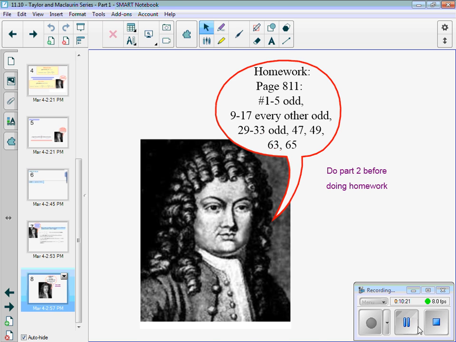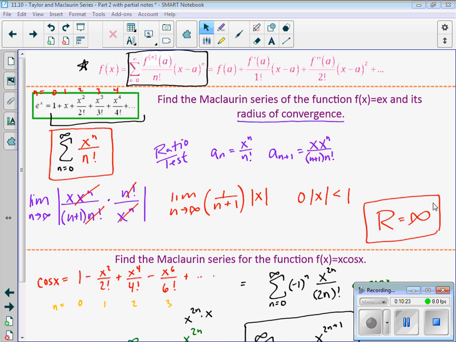If you're needing to find a radius of convergence, you do your a sub n plus 1 and you multiply by the reciprocal of your a sub n, so you have to get it in this form first to find what those pieces are. And that we might need to practice a little, is just getting it into that form. But then you just apply your ratio test like what we were doing in the last unit, same chapter here.